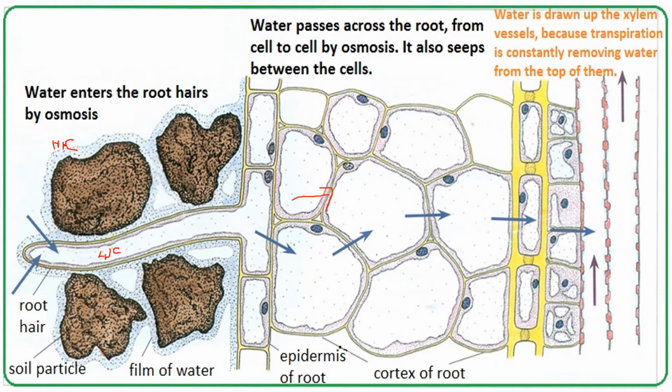So we go through all these root hair cells and root cortex cells, and then we enter the xylem vessel. So water is drawn up the xylem vessel because transpiration is constantly removing the water from the top of them, so that creates a sucking pressure, which means that the water is drawn upward. So make sure you know that before you move on.